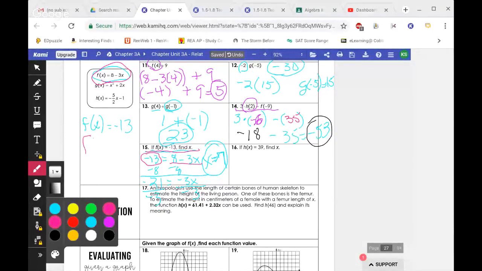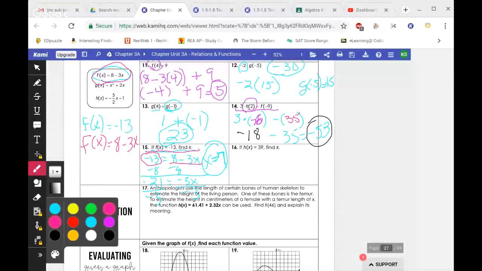If f of x equals negative 13, but f of x also equals 8 minus 3x, then it stands to reason that negative 13 would equal 8 minus 3x, based on the principle of equality. Once I set one equal to the other, I've got a standard algebra problem, so I'm just going to solve because the instructions are to find x.